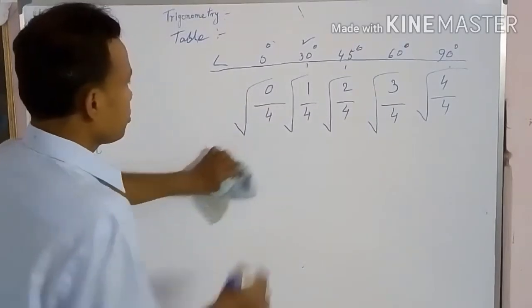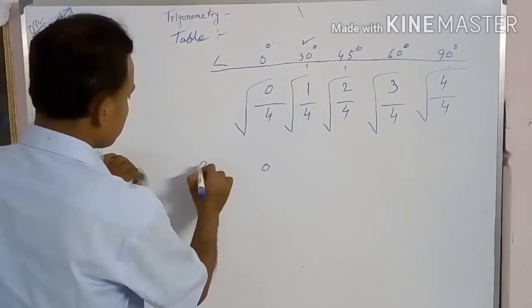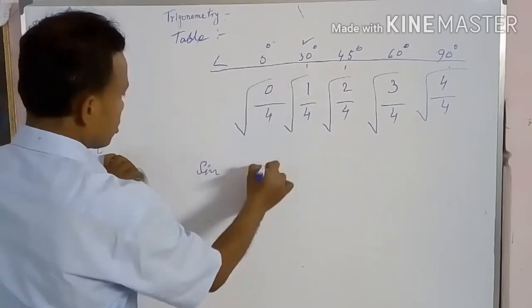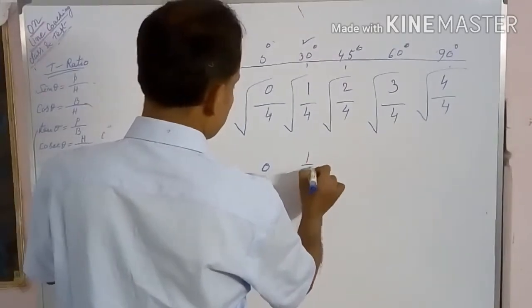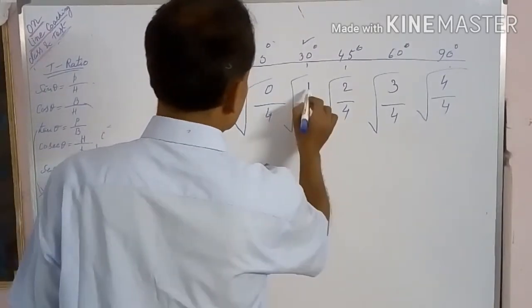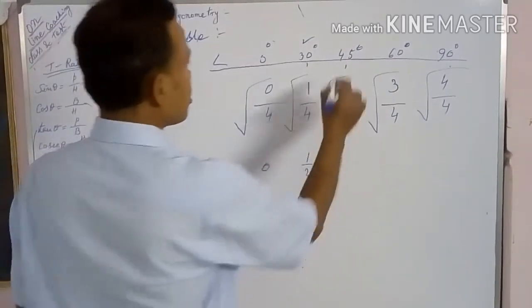So what is the value of 0 by something? It is equal to 0. So sin 0 degree is equal to 0. This value is half. Root over 1 is equal to 1. Root over 4 is equal to 2.